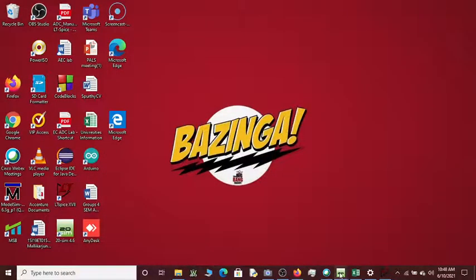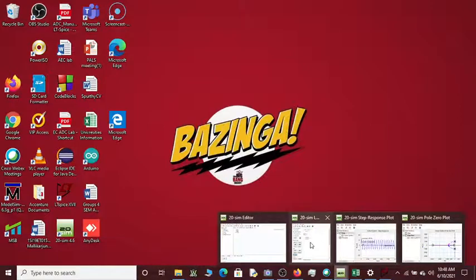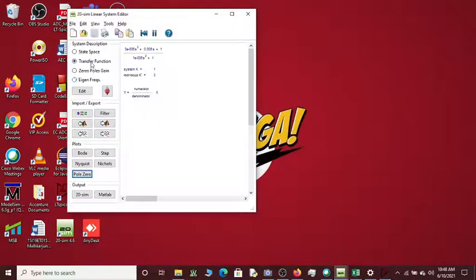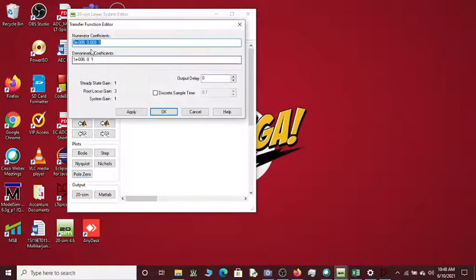With my 20-sim, let me edit the transfer function. Since I'm looking at A equal to 3, this is the equation.